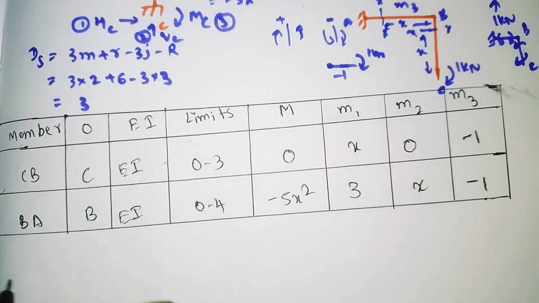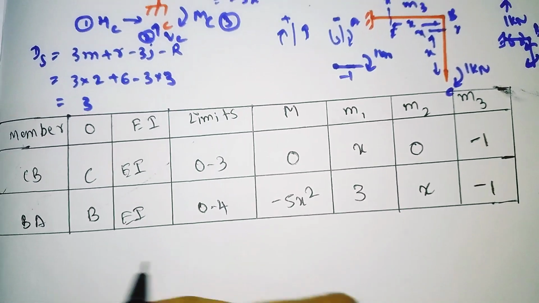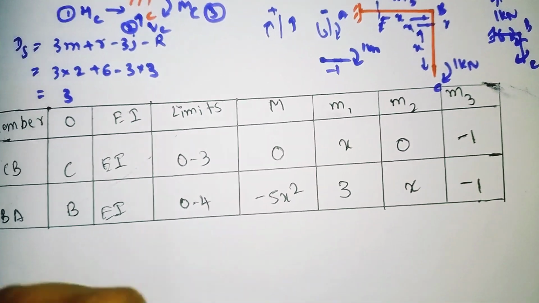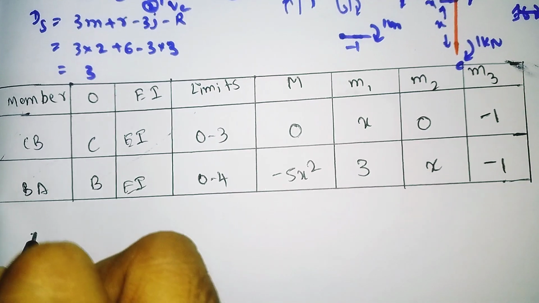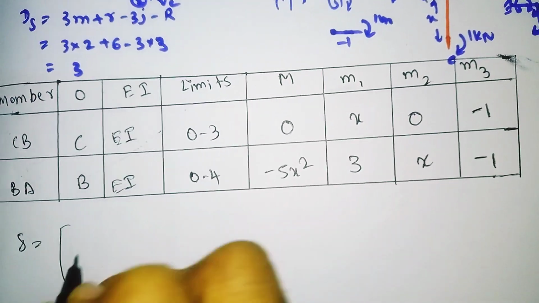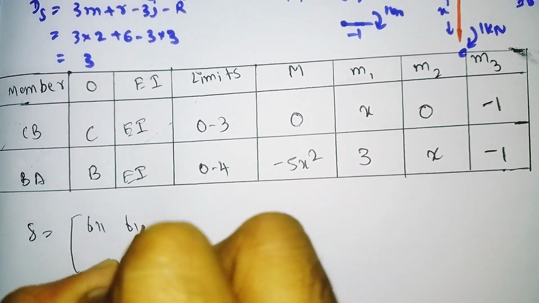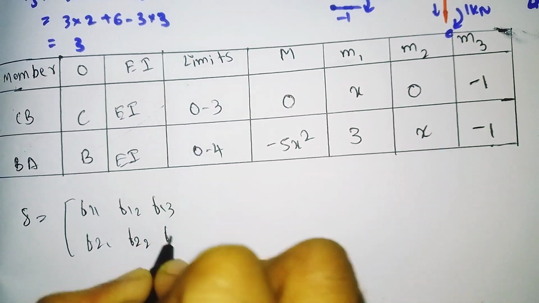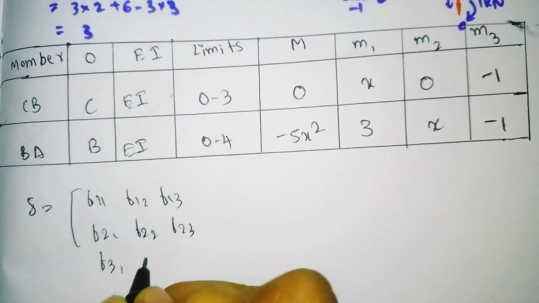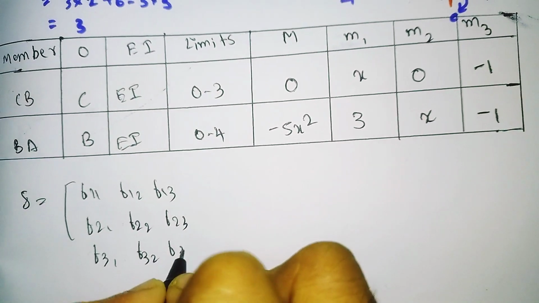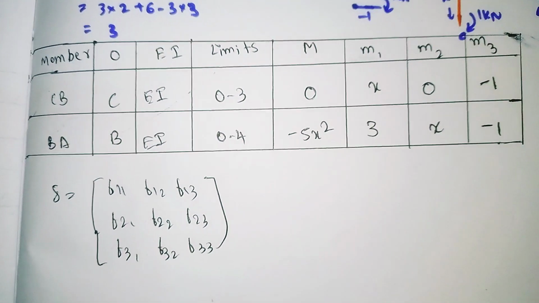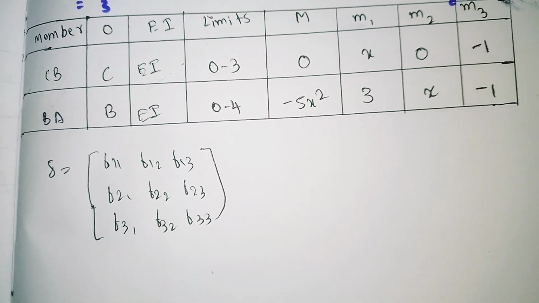Our next step is to find the flexibility matrix. We have the coordinate 3, so our matrix becomes 3 into 3. So the flexibility matrix is equal to F11, F12, F13, F21, F22, F23, F31, F32, F33. We need to now find all the values. Now I will show.